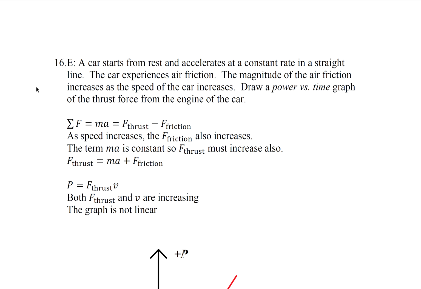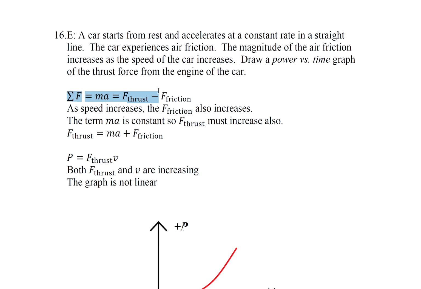Now remember, sigma F equals ma. Now we got force of thrust minus force of friction. We know as speed increases, force of friction increases. So if the term ma is constant here on the left-hand side, then F thrust must increase as force of friction increases. Remember, force of friction increases as the speed increases.